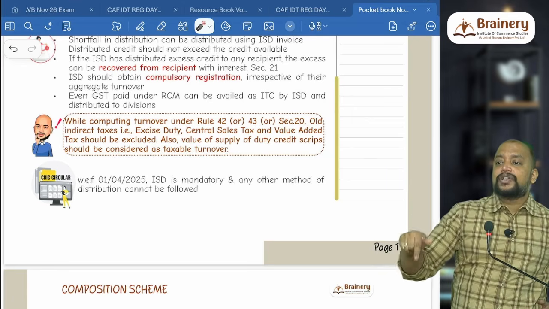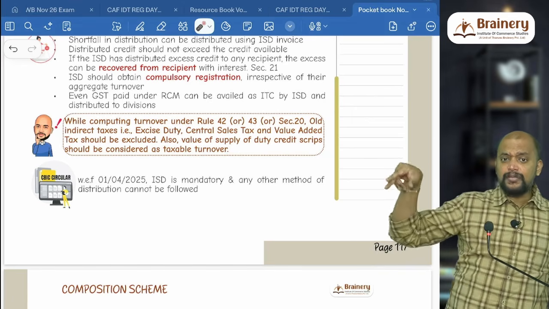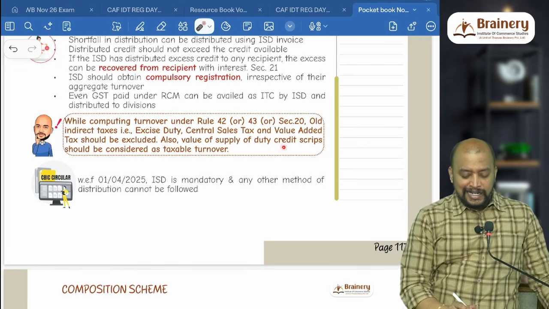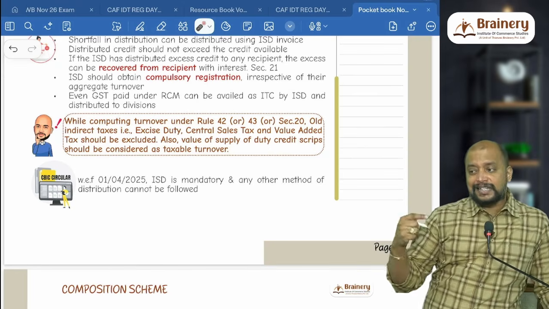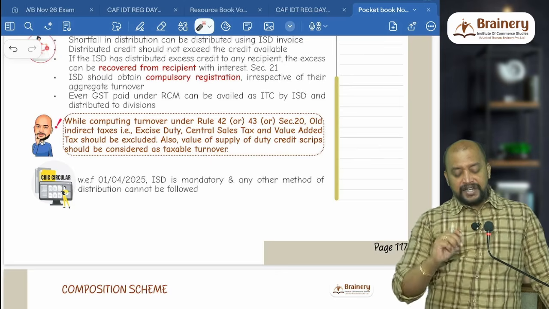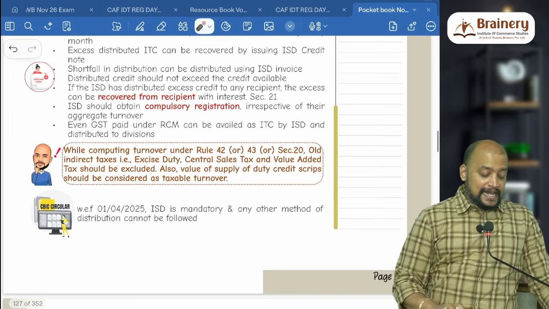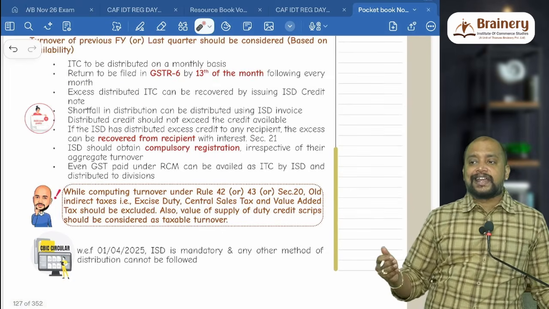But this is actually an exception to the regular section 15. And this point also we saw that duty credit scrip should be considered as taxable turnover. And with effect from 1/4/2025, ISD is mandatory and any other method like cross charge etc. cannot be followed.